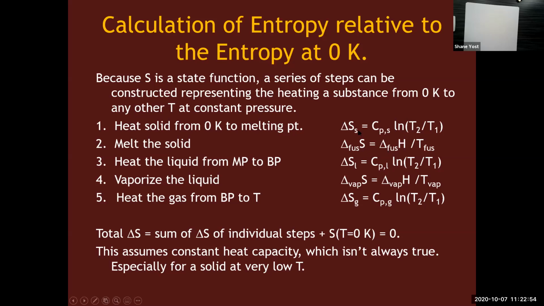I can calculate the change in entropy for all these steps. But the initial entropy is equal to 0, so the final entropy is just equal to that change in entropy. So the final entropy S of my gas would just equal the change in entropy from 0 Kelvin to that final temperature.